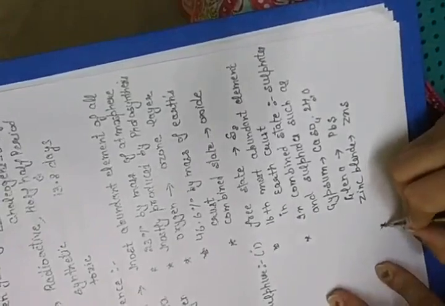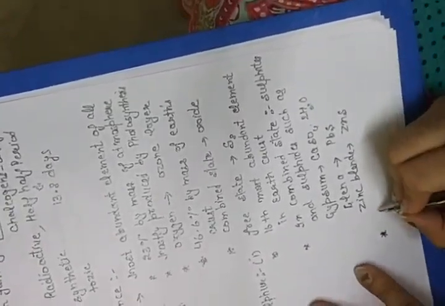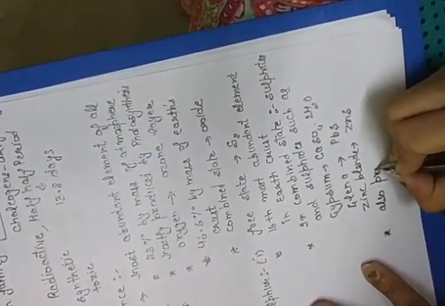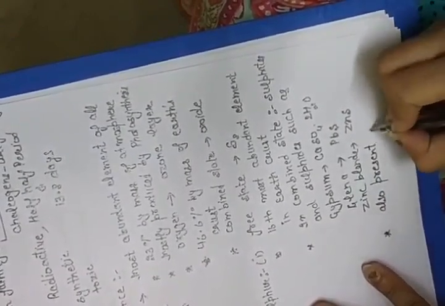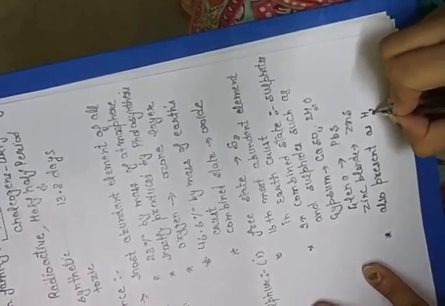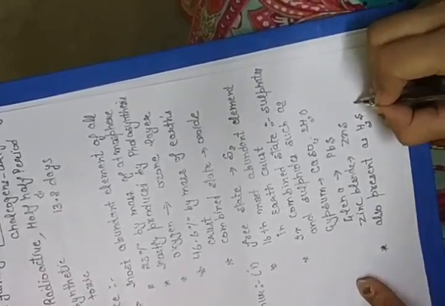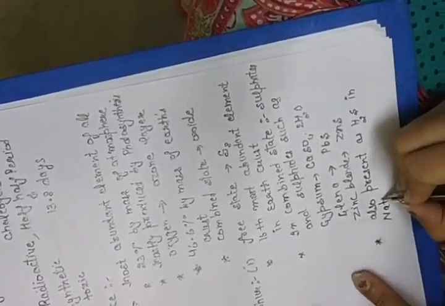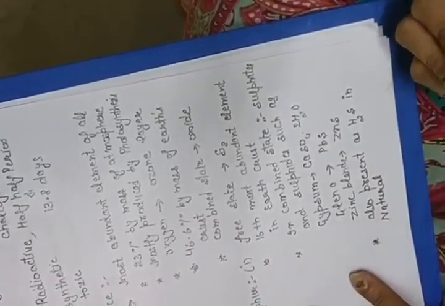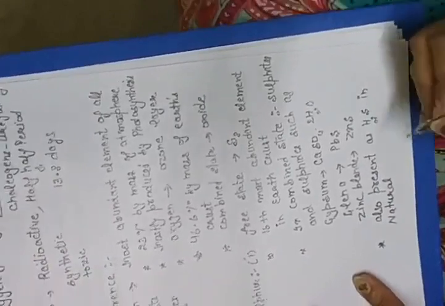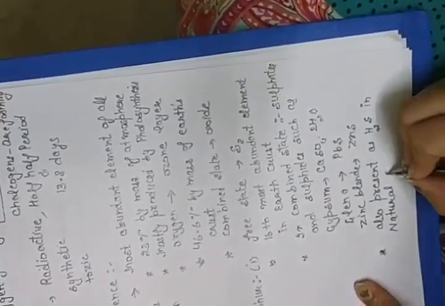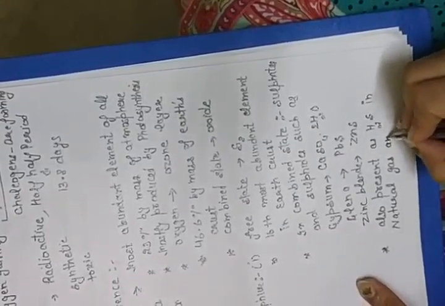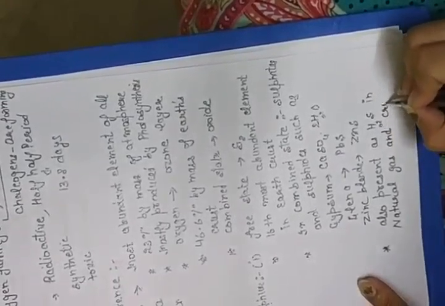Another major source to obtain sulfur is H2S, hydrogen sulfide, present in natural gas and crude oil.